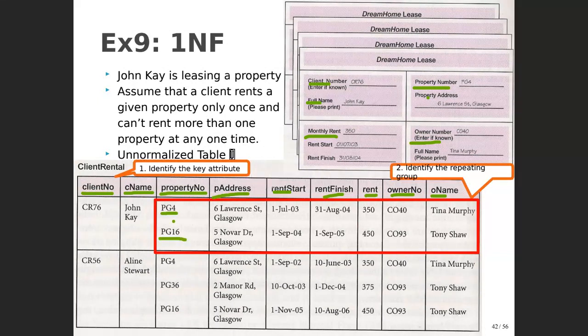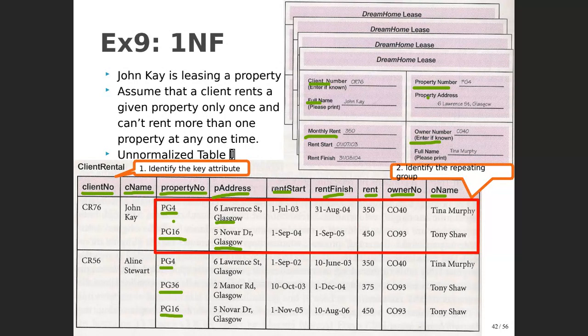So two property numbers for the same client and two property addresses. That is what we mean by repeating groups. We have identified the repeating groups here, which is multiple values for a single occurrence of an attribute. Also Alan Stewart displayed three different properties. So these are repeating groups.